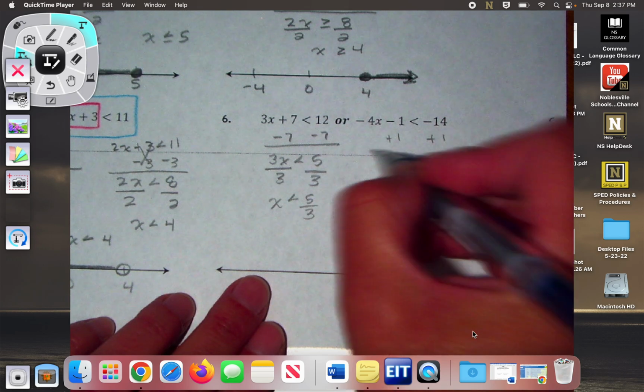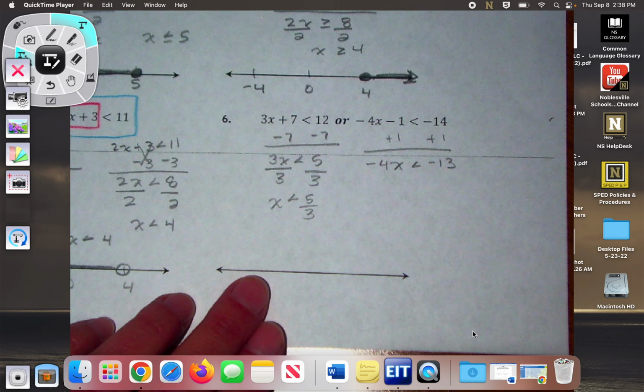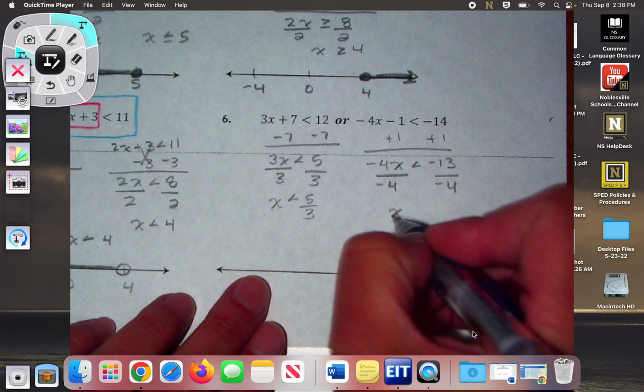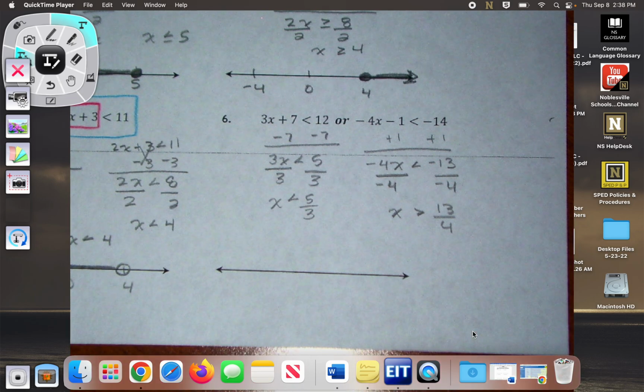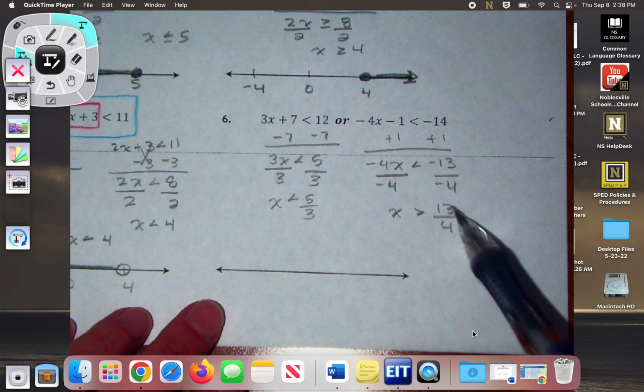Add 1 to both sides. -4x is less than -13. Divide by -4. X is greater than 13 over 4. Right? So then we just have to figure out where do these fall.